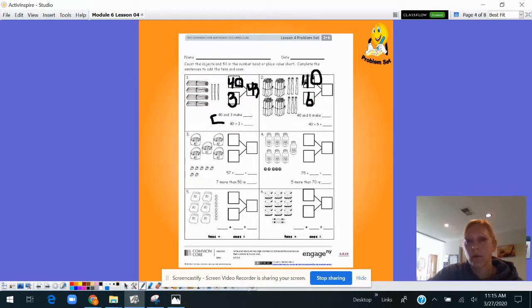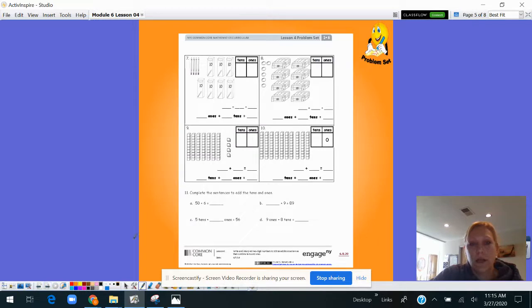So we have 40 and 6. What number does that make? Correct, 46. Now you're going to do that same thing on 3, 4, 5, 6, all the way to 10.